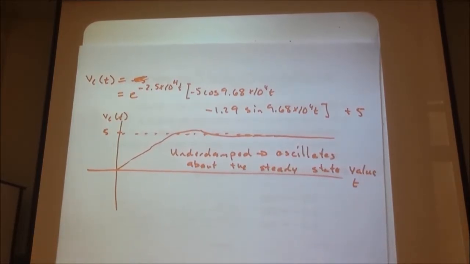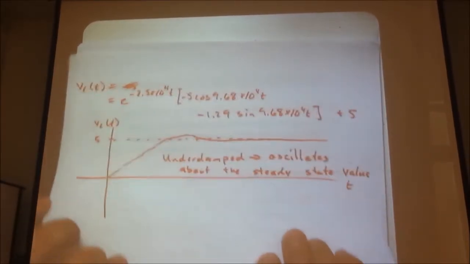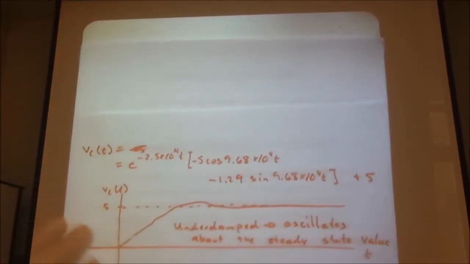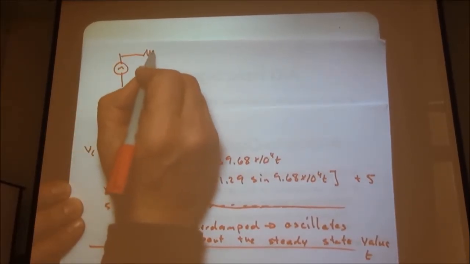So arguably we could say this is weakly underdamped. Probably wouldn't be able to hear it if you put it up to a headset or something. On the other hand, what happens if we reduce R?